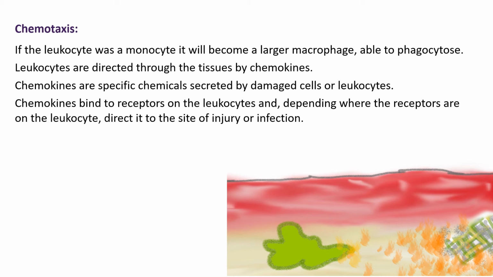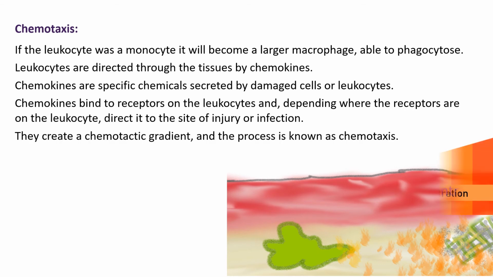If it binds to its other end, then it needs to turn around and go that way. So depending where the receptors are on the leukocyte that binds the chemokine, it will know which way to go. And the chemokines create this chemotactic gradient. The whole process is known as chemotaxis.